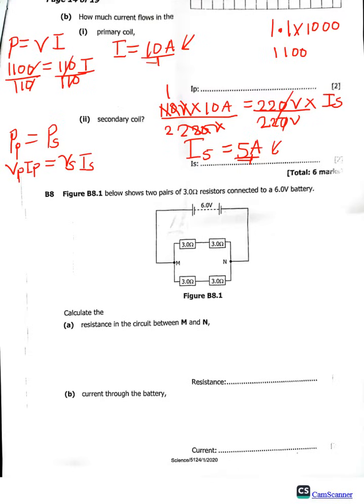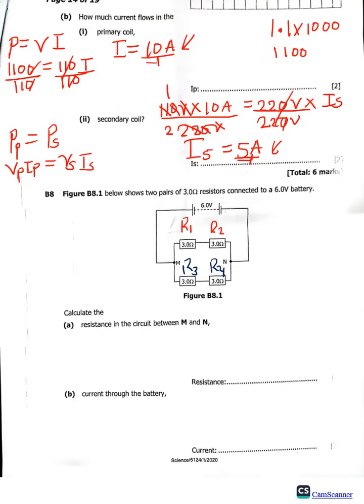Question 8. Figure B8.1 below shows two pairs of 3.0 ohm resistors connected to a 6.0 volt battery. Let's label: this is resistor 1, this is resistor 2, and the ones here we'll consider resistor 3 and resistor 4.